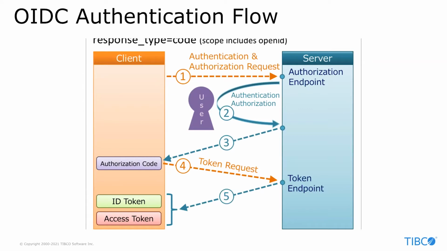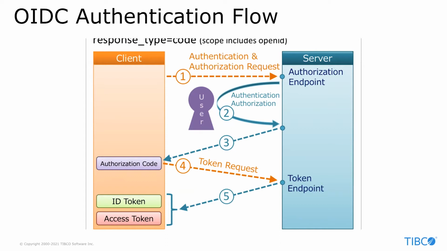A little bit about the OpenID Connect authentication flow. For an OpenID scope with an authorization code grant request, this is the particular flow that happens for authentication. The client will request authentication and authorization from an authorization endpoint that will bring up a login box where the user will log in. After that, the identity provider will return an authorization code back to Jasper.